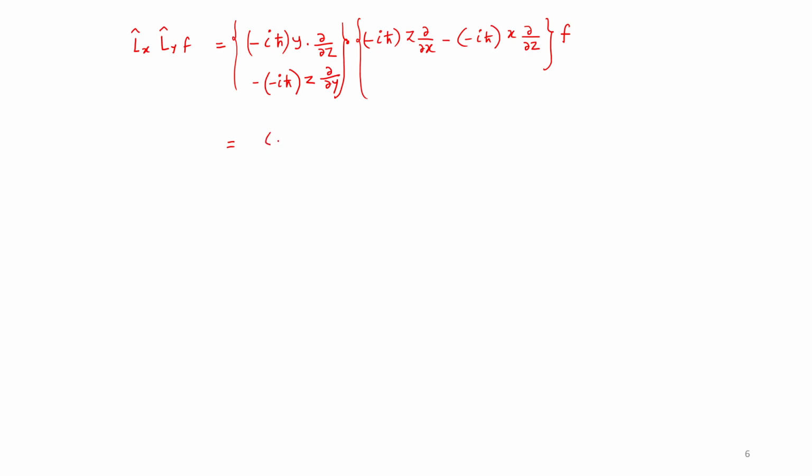So I can take iħ outside once, not square, right? So it will become (y ∂/∂z − z ∂/∂y), then (z ∂/∂x − x ∂/∂z), right? And the whole thing will operate on f.